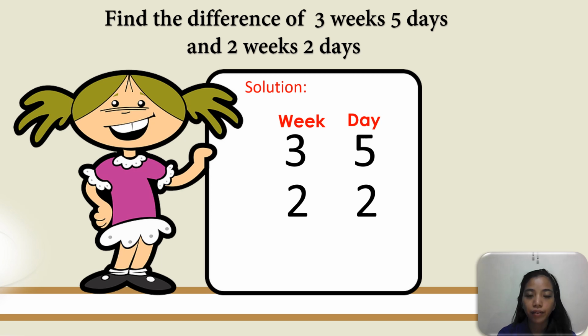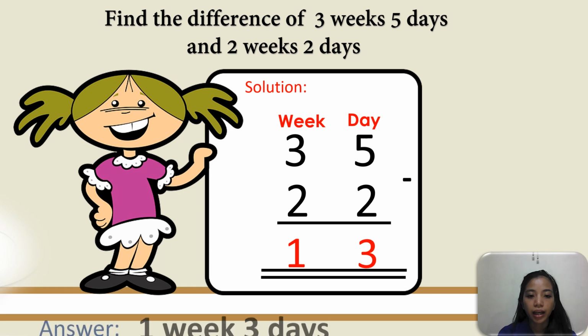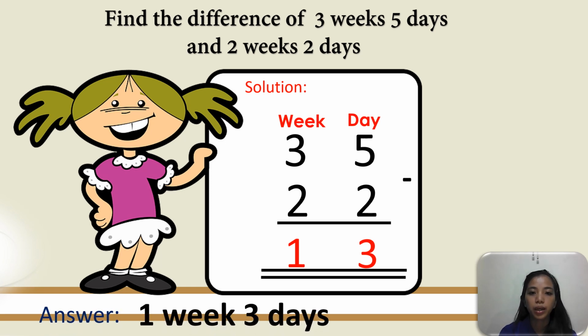Since difference means the answer in subtraction, we are going to use minus sign. So let's solve the day first. 5 minus 2 is equal to 3. And then the week, we have 3 minus 2 is equal to 1. Meaning to say, the final answer will be 1 week and 3 days.